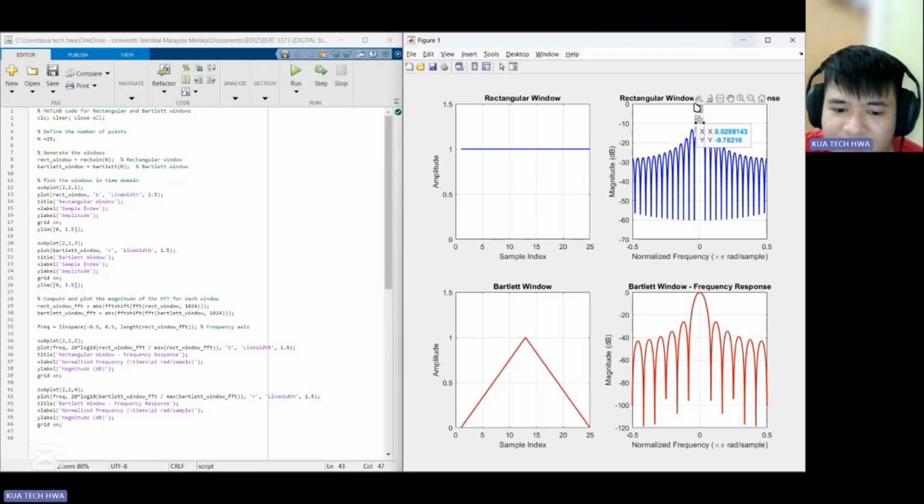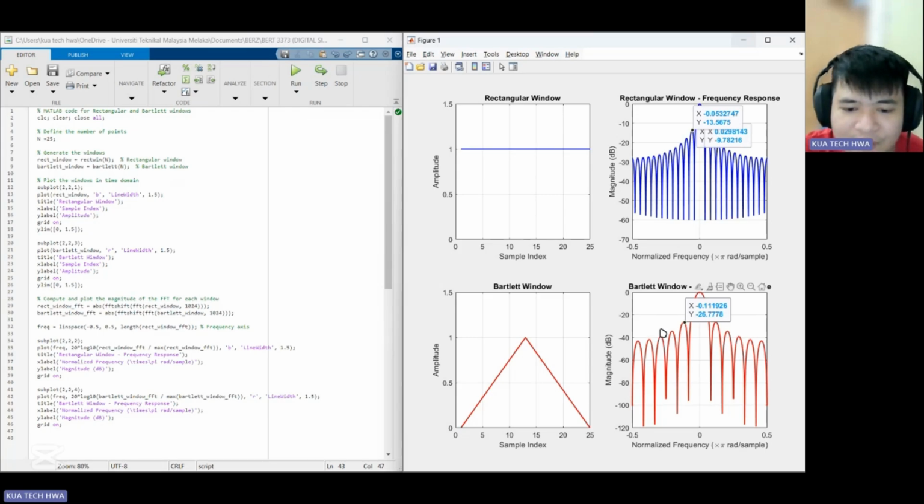the rectangular window is less effective for isolating signals because the side lobe is higher compared to the Bartlett window. The side lobe is negative 30 dB, while the Bartlett window is approximately 25.